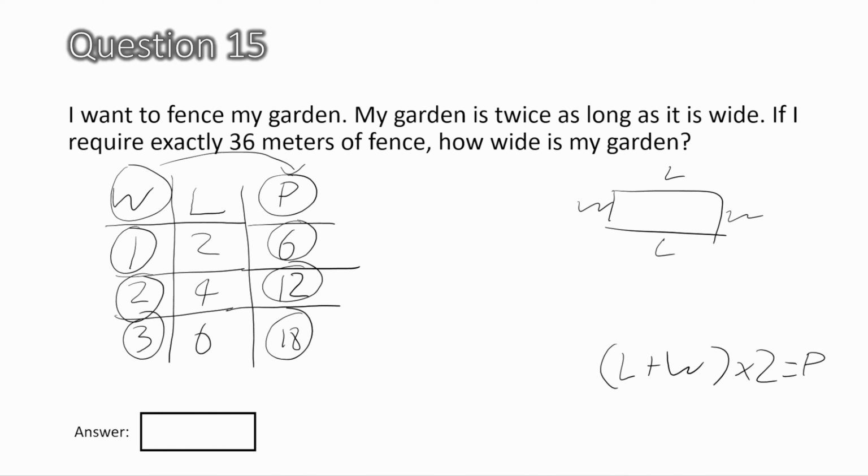So instead of writing out more cases, which will take up more time, we can say, if the perimeter is 36 and the width times 6 is 36, how do we find the width? If the width times 6 is 36, that's the same as saying 36 divided by 6 is the width. And we know that 36 divided by 6 is 6, which means the width is 6 meters.